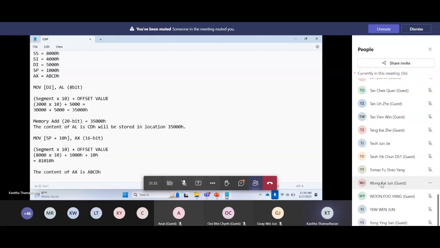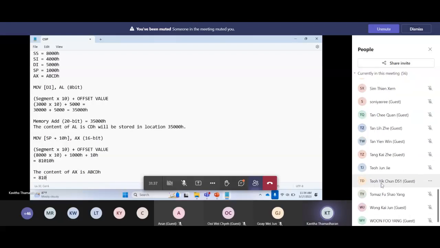So what you do is you put it this way: 81010. In my 81010, which 8 bits am I going to store? I can only store 8 bits of value into one memory location. So am I going to store AB or CD? Which one am I supposed to store?